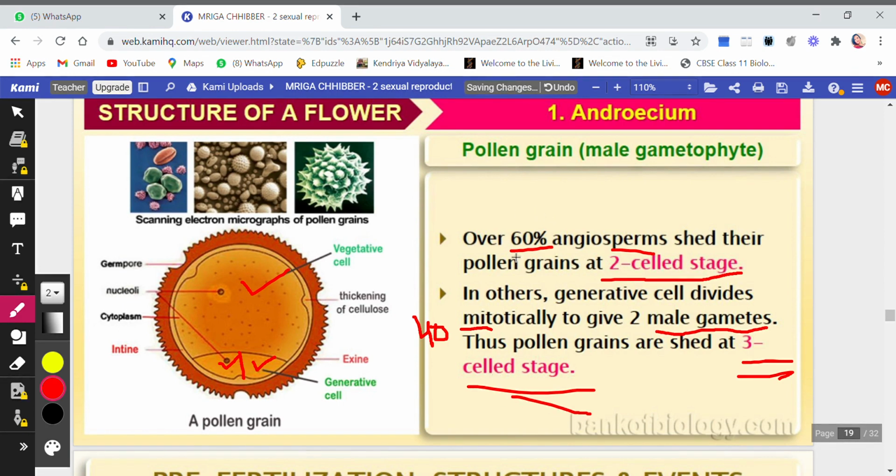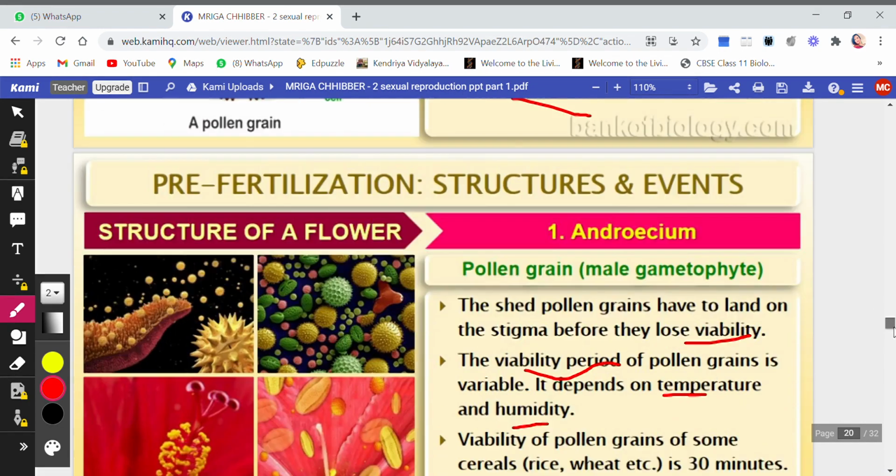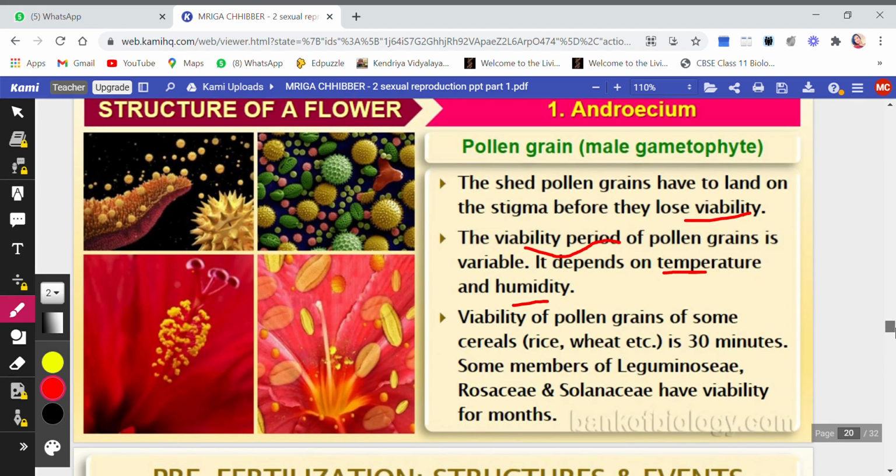So 60% of angiosperms shed the pollen grain at two cell stage, but the remaining 40% undergo one more mitotic division to form two male gametes, and thus the three cell stage is achieved, and then they shed their pollen grains. Okay, so this is about the shedding of male gametes.